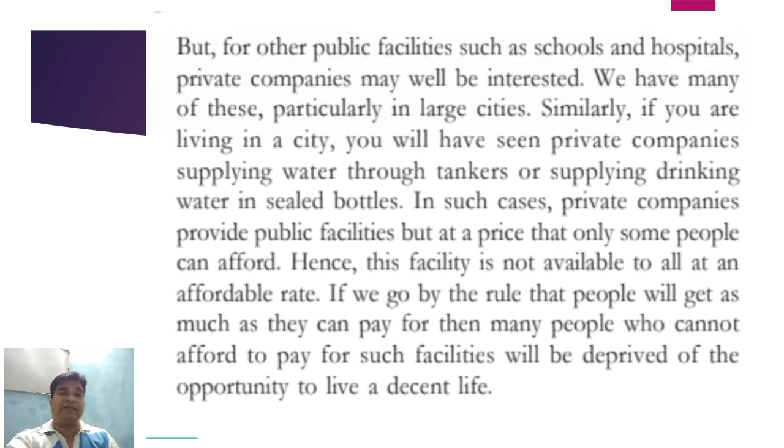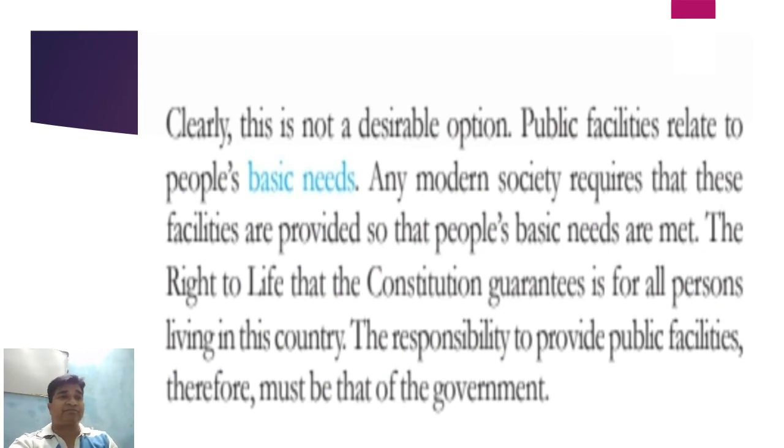Even if companies give bottled water, they take money from the people. That is the difference between public and private companies. Private companies charge for the same facilities, while the government does not charge for any of these facilities.